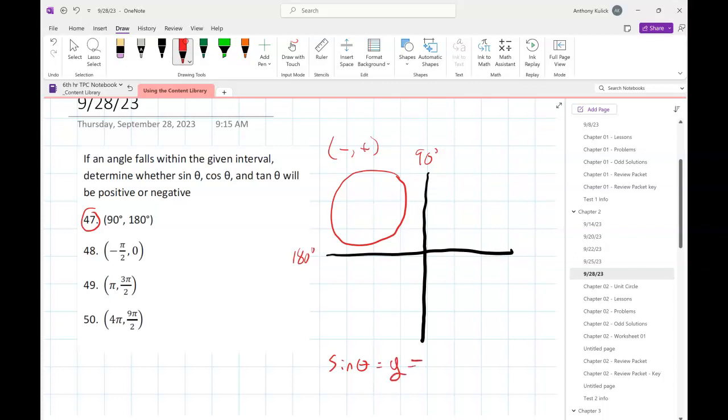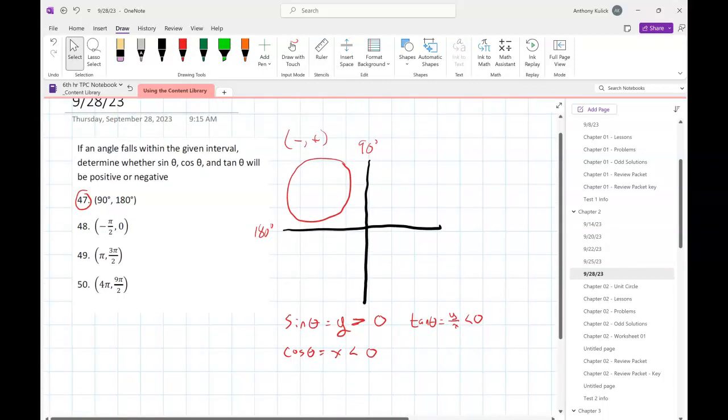So the y's are positive, so sine theta should be positive. Cosine theta is x, which is negative in the second quadrant. And tan theta is y over x, so that's positive over negative, so that's negative. So that's what I'd write.